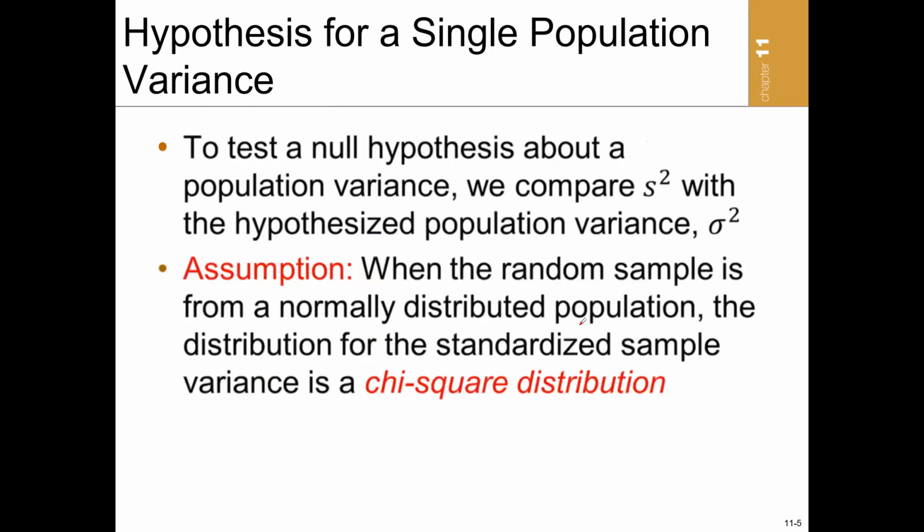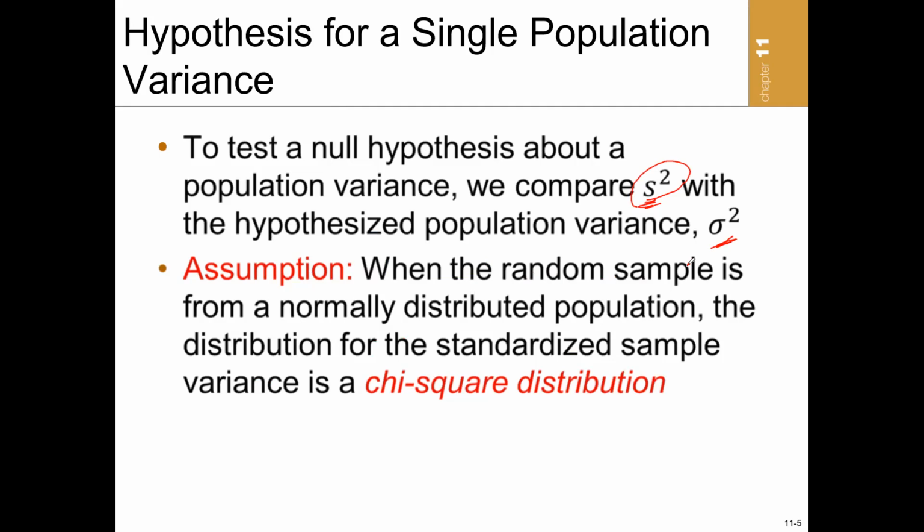Now, to do this, we are going to test the null hypothesis that the sample variance is equal to the population variance, all right? So we compare the sample variance with the hypothesized population variance.